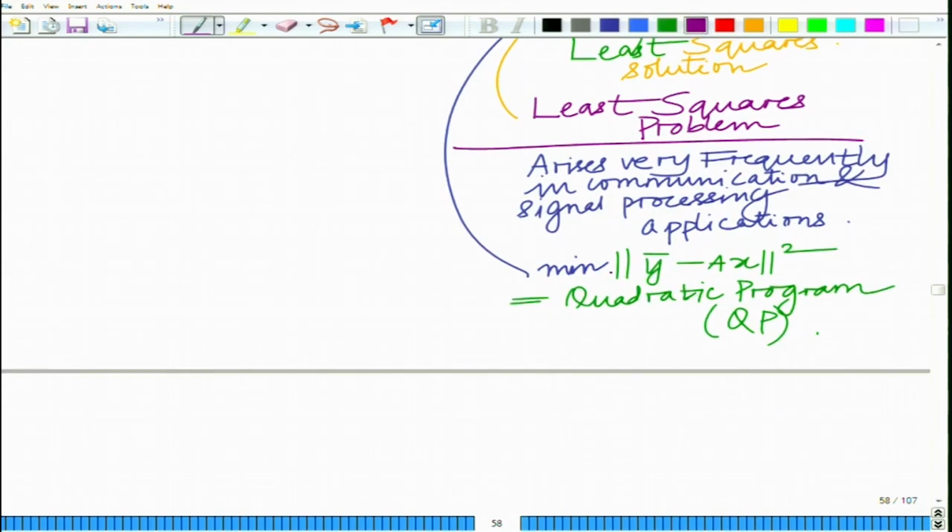In fact, strictly speaking, it is the maximum likelihood estimate in Gaussian noise.